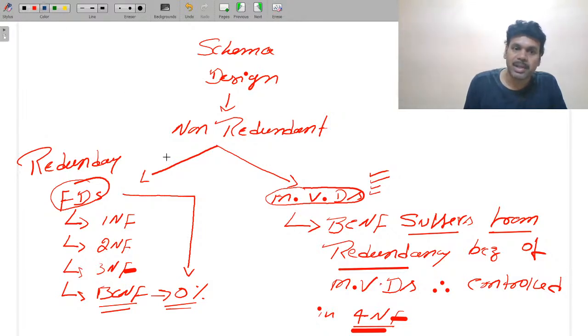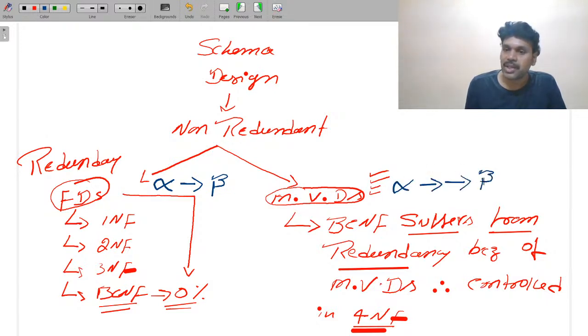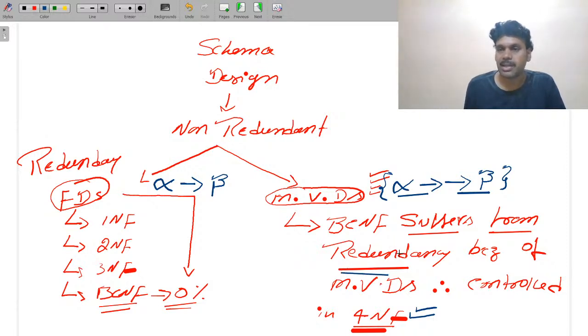Functional dependency is denoted like this, but MVD is denoted like this. When you have a situation like this, it is a multi-value dependency, which can be removed especially in fourth normal form, because multi-value dependency generates redundancy.